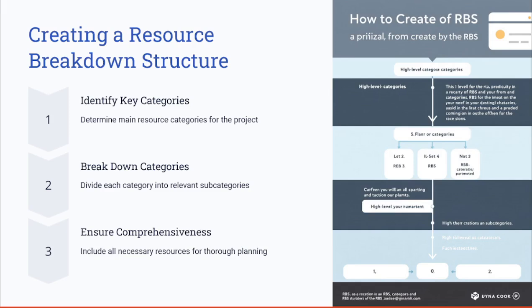Then break down each of these categories into subcategories. For example, for human resources, subcategories could include different labor types, specific skills, or even roles and responsibilities. The goal here is to ensure that all necessary resources are included and categorized to provide comprehensive planning.